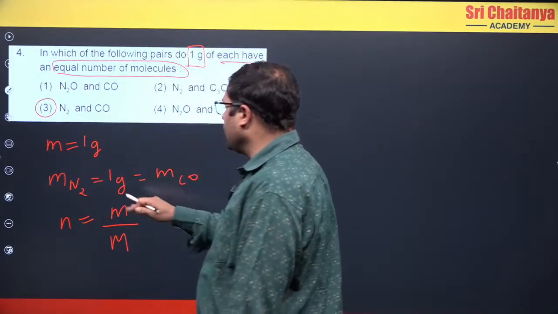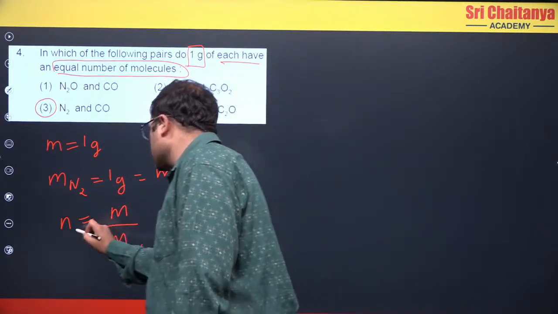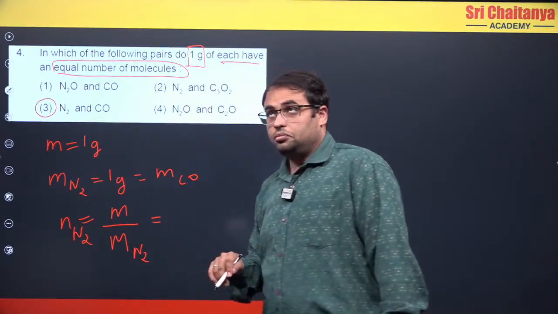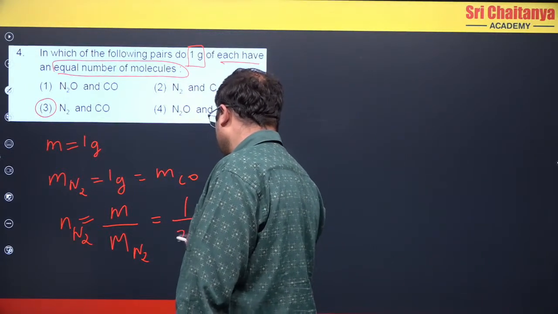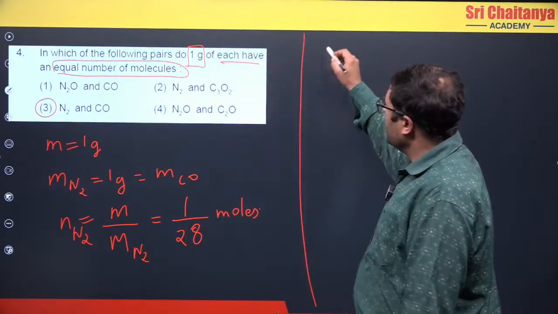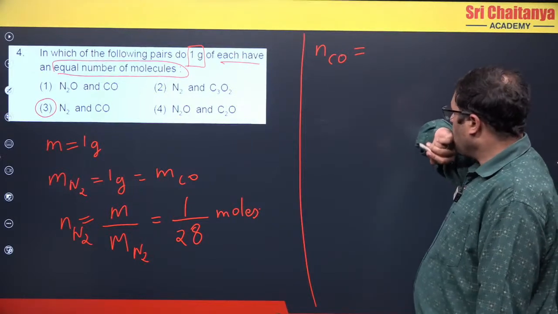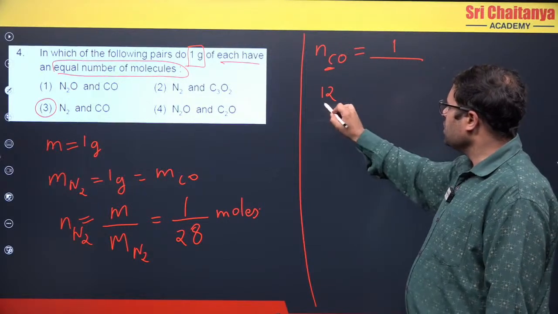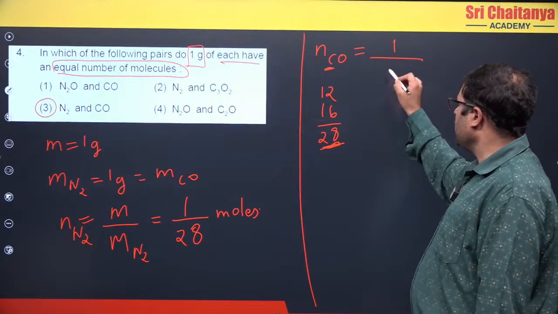So you need the molar mass of nitrogen and carbon monoxide. Molar mass of nitrogen is around 28. Similarly, for carbon monoxide, carbon is 12 and oxygen is 16, so again you get 28 as the molar mass.